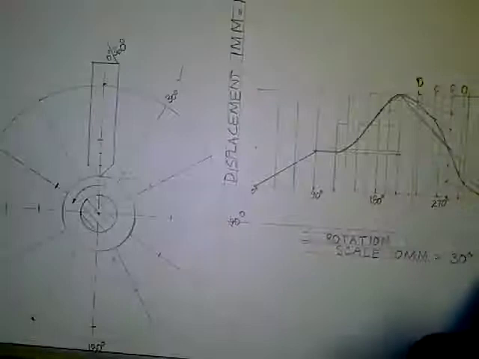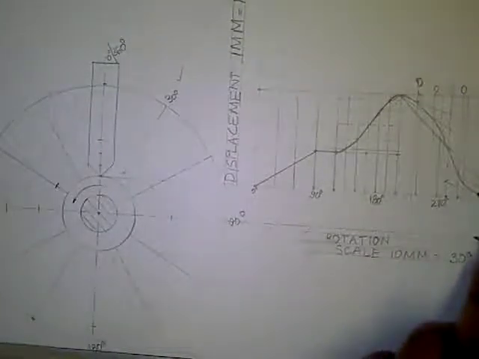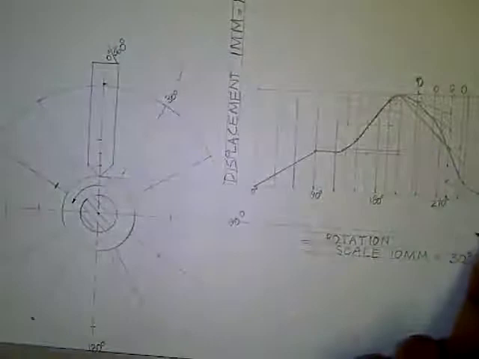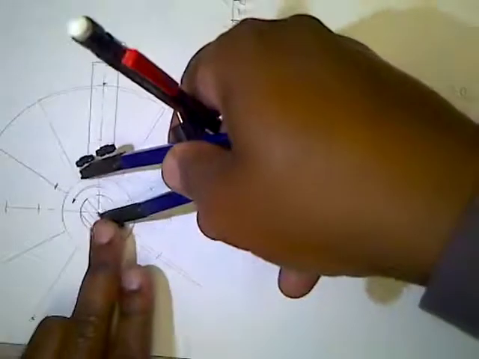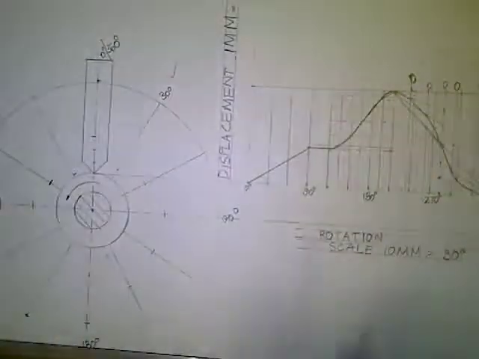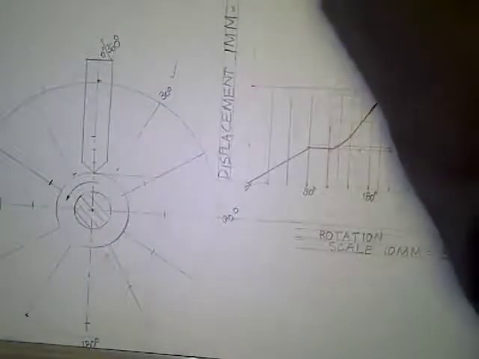And then 330. Hey guys, I will have to take a pause here. 330 is here. And then 360 is there. So we will join all those points, but for now I will take a pause and come back.